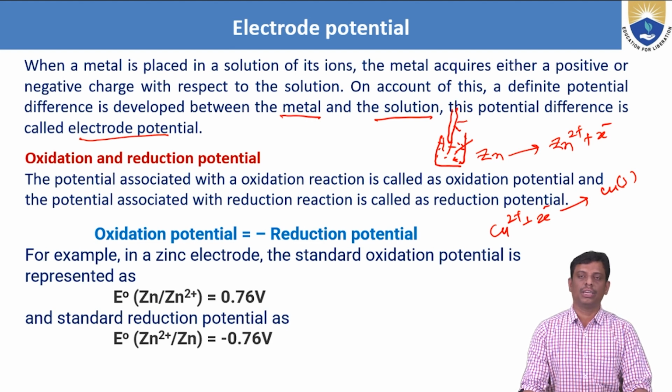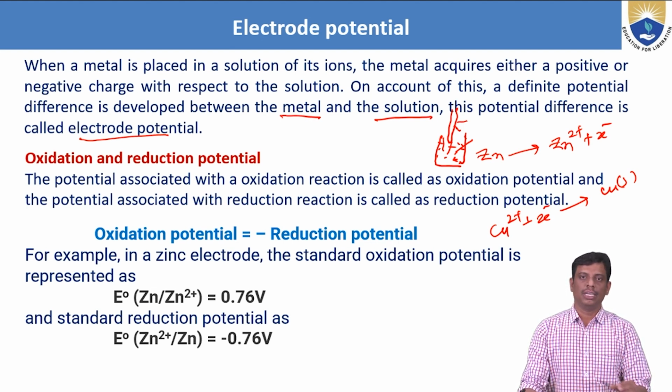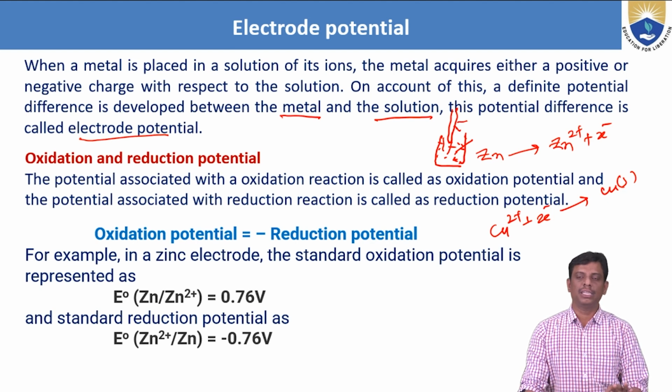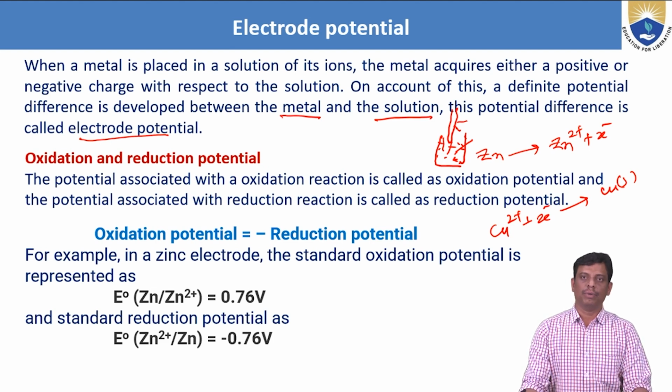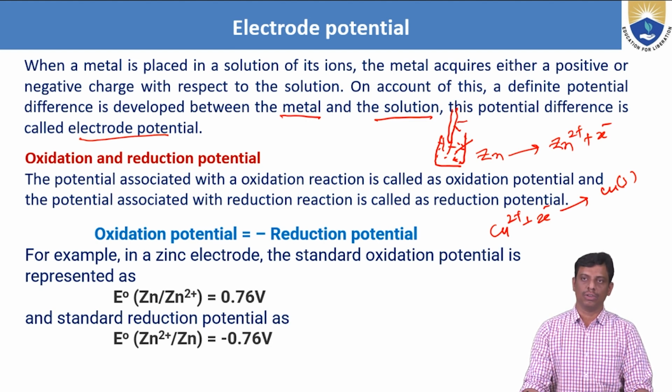If a reduction reaction takes place, it is called the reduction potential. Always, oxidation potential is equal to minus reduction potential. This is very important for understanding electromotive force also.